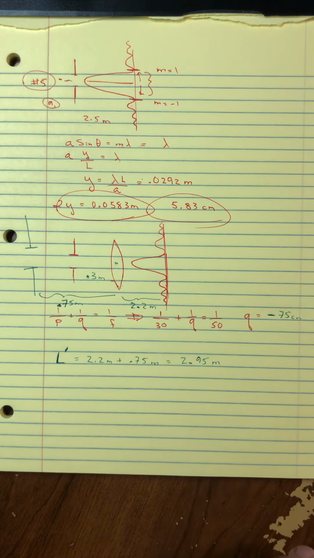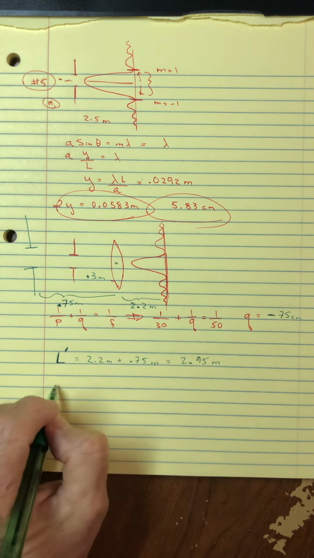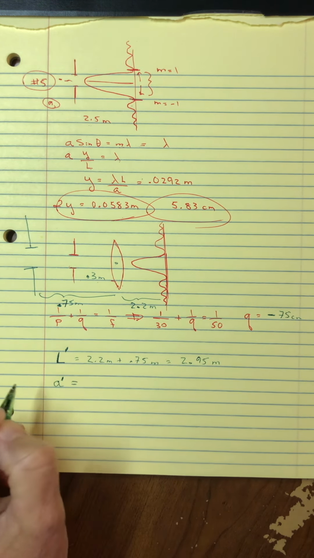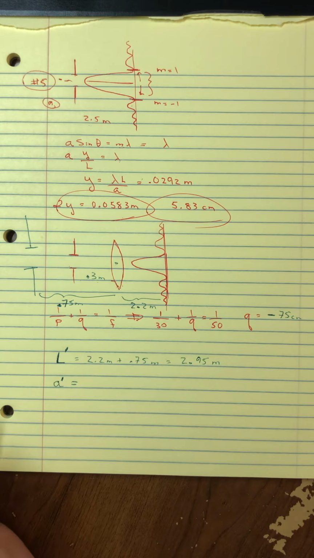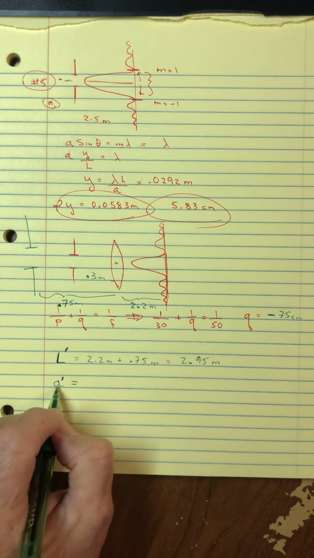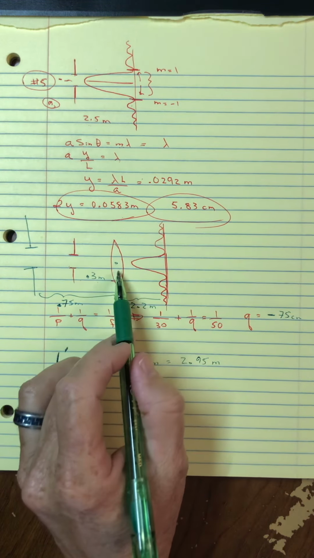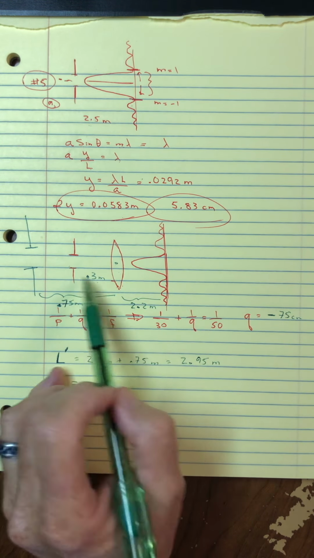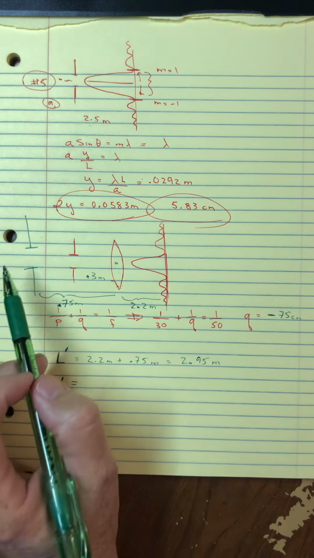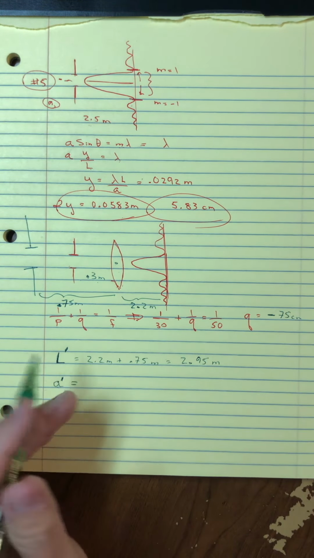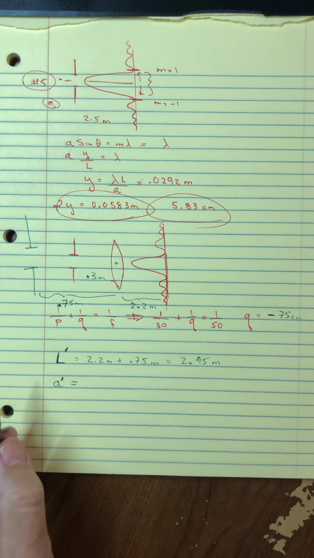Now, if you got that much, good for you, but there's also then the new size of the opening. Because remember, there's the magnification. And so the light has been redirected as it goes through this lens. And so it not only appears to be coming from a new point, that's what the Q is, but it appears to be a different size, that's what the magnification is.